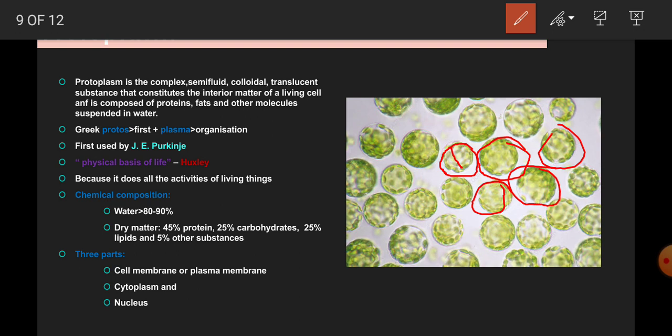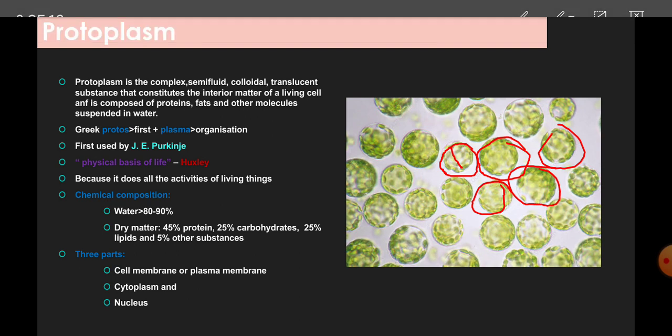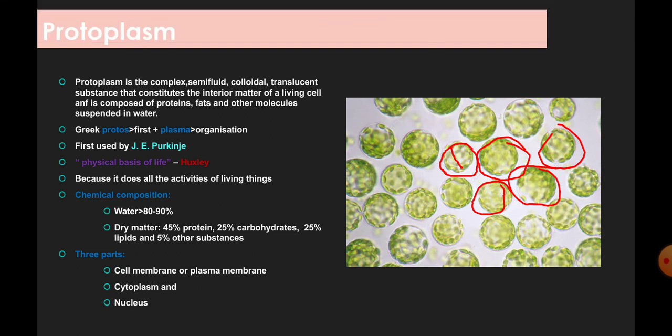There are three parts in the protoplasm: the outside membrane, called the cell membrane or plasma membrane, then inside it the nucleus, and other than the cell membrane and nucleus, everything is cytoplasm.